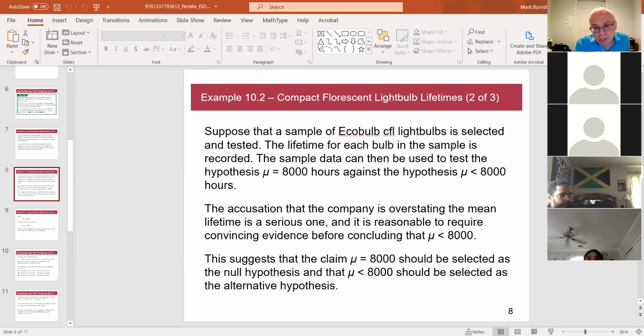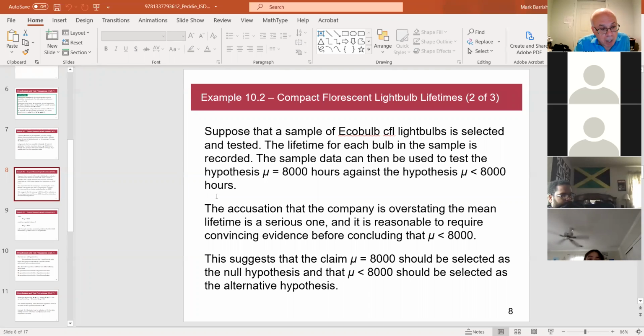So we would see if there's enough evidence to reject the null hypothesis that it is 8,000 hours, which is the advertised claim, and say, well, I think there's enough evidence to claim that it's less than 8,000 hours. Right? So that's basically the null and alternative hypothesis in this particular case. Sort of makes sense.